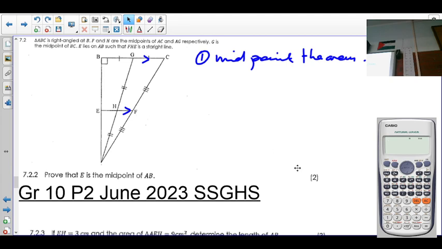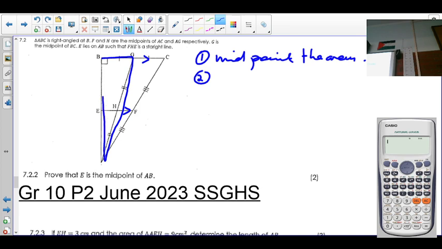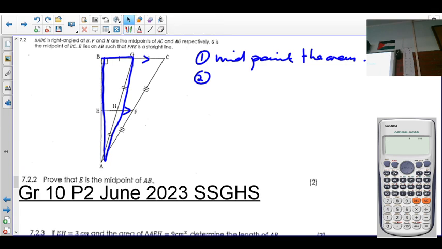7.2.2. Prove that E is the midpoint of AB. If you look at this triangle here, or I could have looked at triangle BCA, it would have been the same approach. Firstly, we can see that GH is equal to HA.